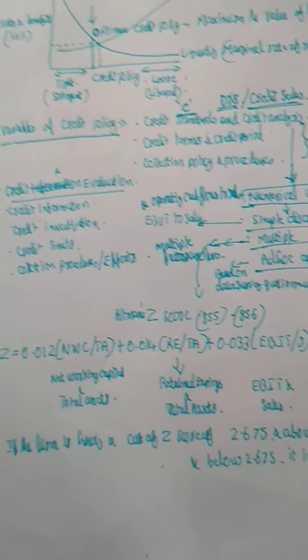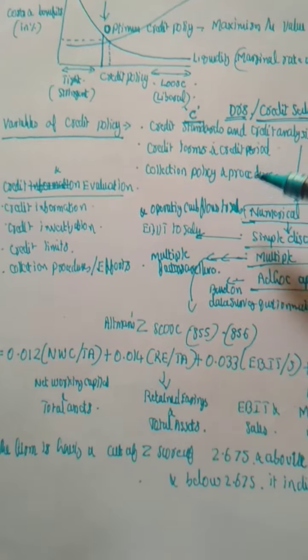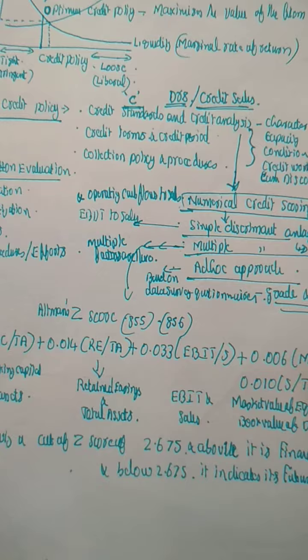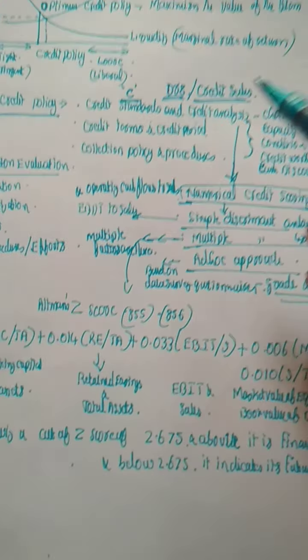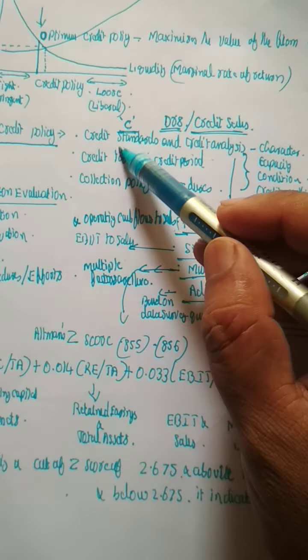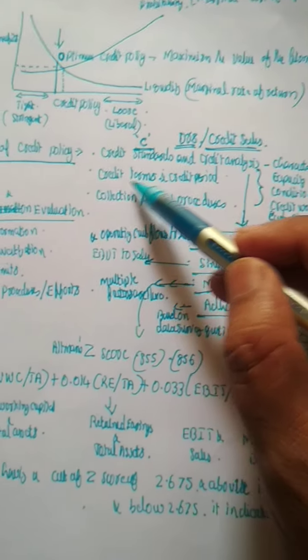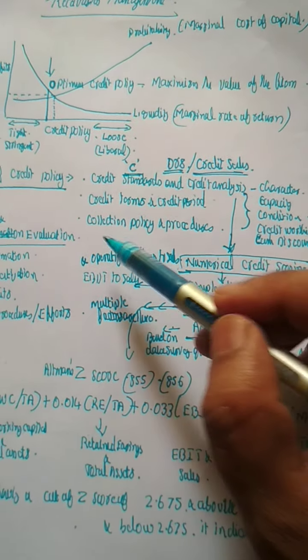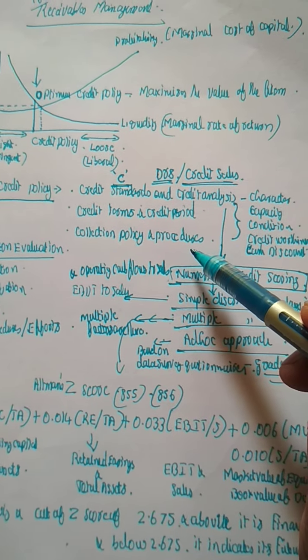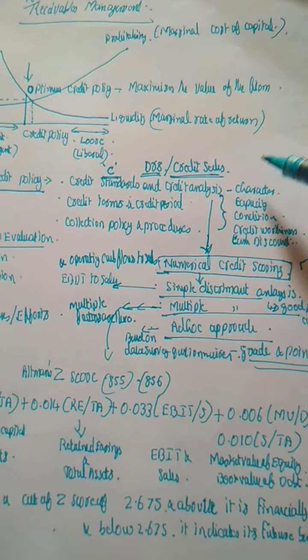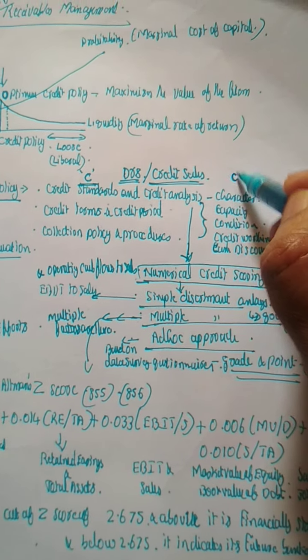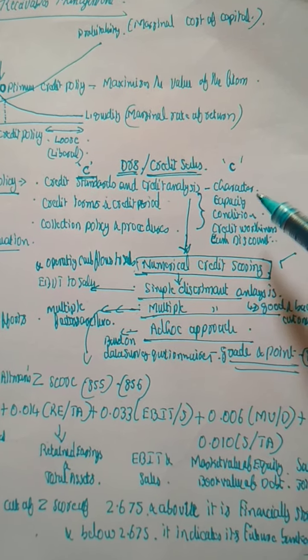Another important thing is that all other aspects in credit receivables management are credit evaluation, how we do it. It is based on credit standards and credit analysis. Credit terms and credit period should be checked. Collection policy and procedures should be checked. And these 5 C's should be taken into consideration before granting credit to the debtors.